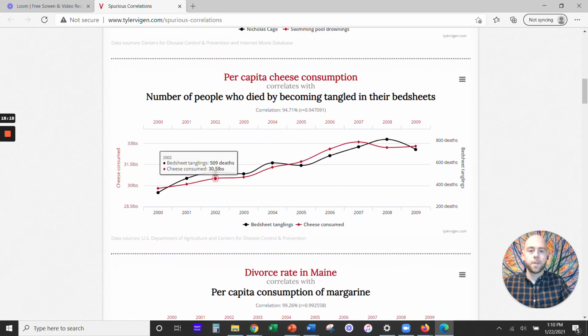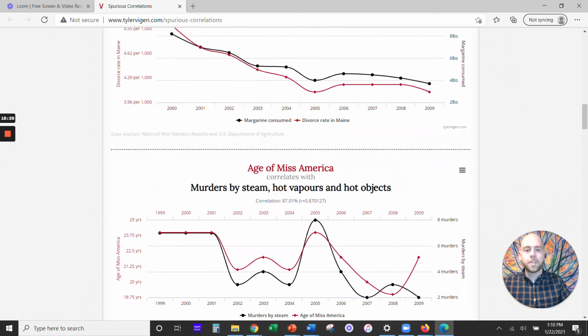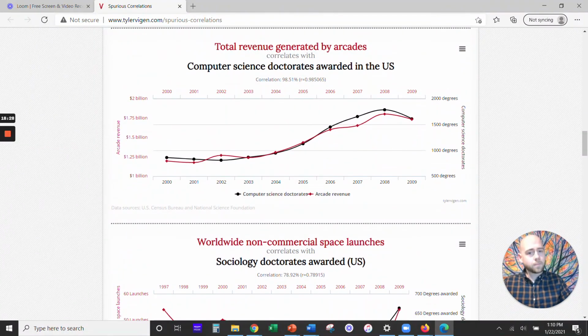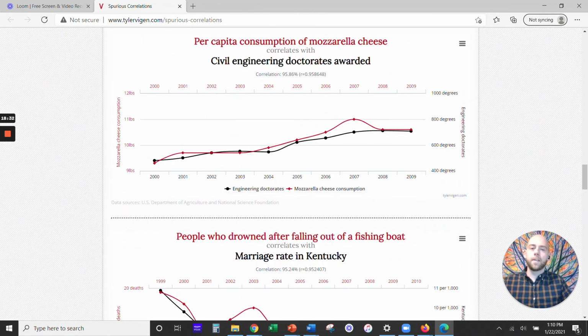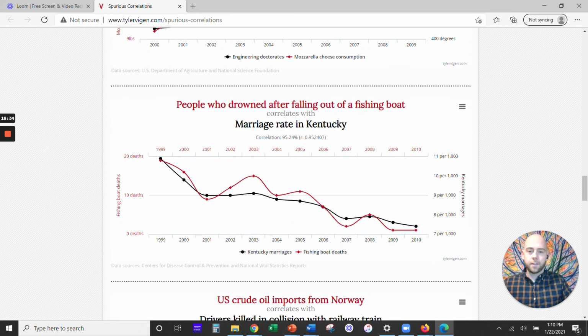And the per capita cheese consumption correlates extremely highly, 0.94, with the number of people who died by becoming tangled in their bed sheets. You can look at these different things and decide what you think, but I believe the real message here is that if you look at enough data, you're going to find things that are related to one another. And it doesn't necessarily mean that that matters and that there's a real relationship there.